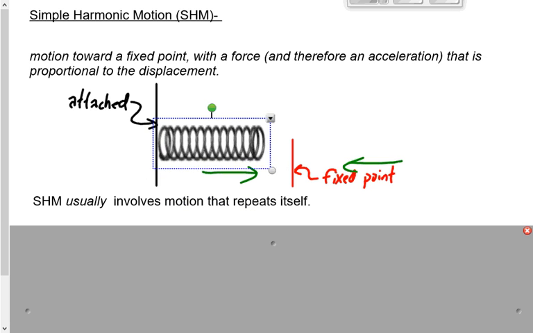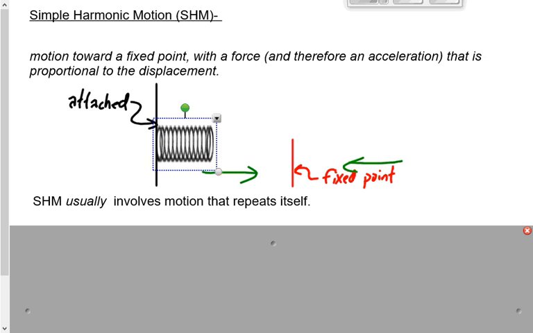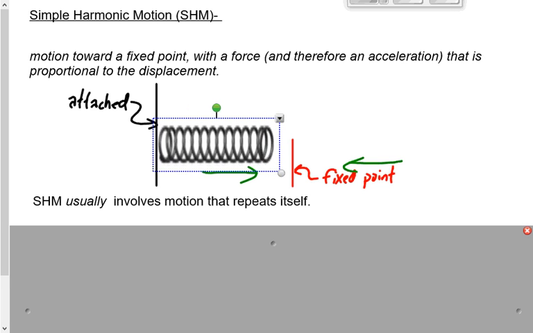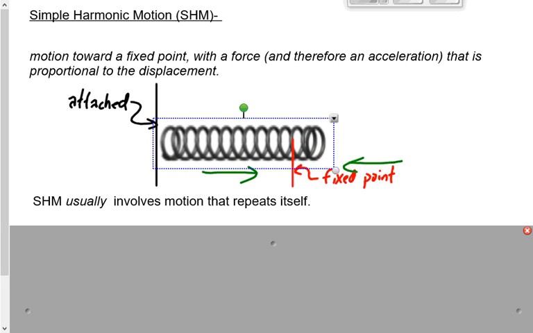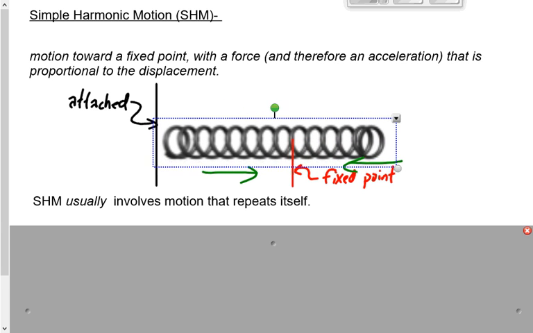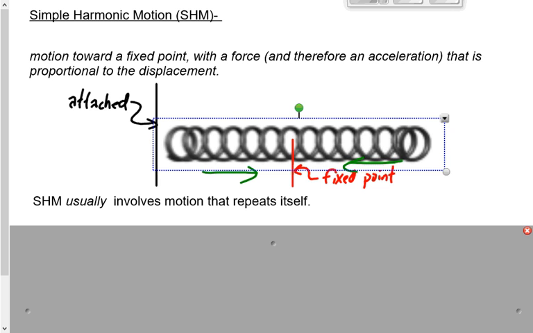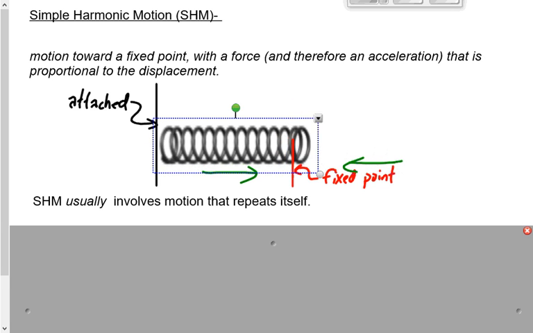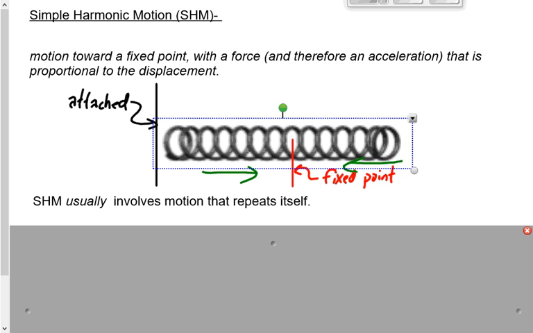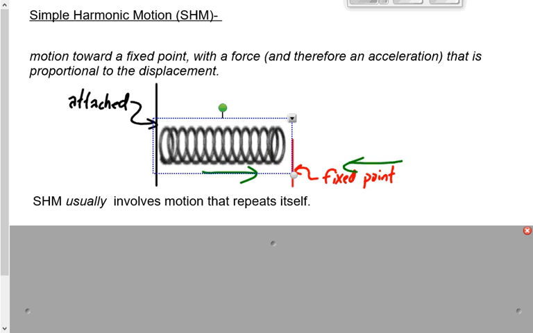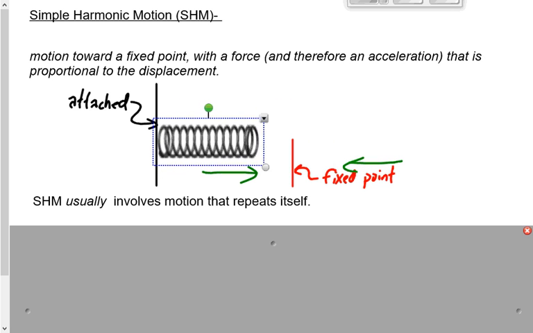So now it slows down, slows down. Eventually that force becomes big enough and it stops. And then the force pushes it back toward the equilibrium position, speeds up, reaches a peak speed. Now the force pushes it back towards the equilibrium position the other way, slows down, stops. Speeds up, slows down, speeds up, slows down, and so on.